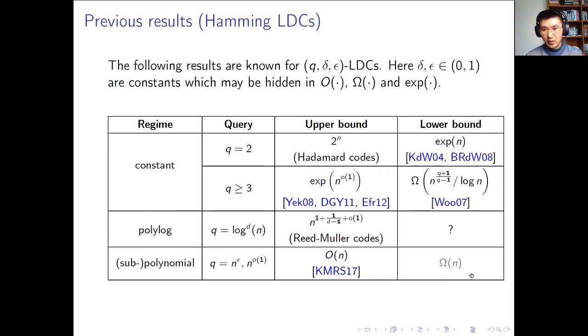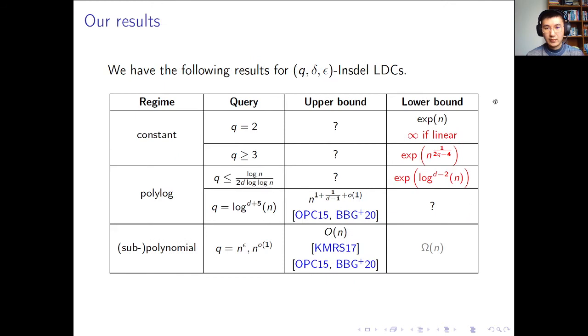And by the way, all the lower bounds here can be viewed as lower bounds for InsDel LDCs. This is simply because InsDel errors are more difficult to handle. So for InsDel LDCs, here's another table, and the new results that we prove are highlighted in red.